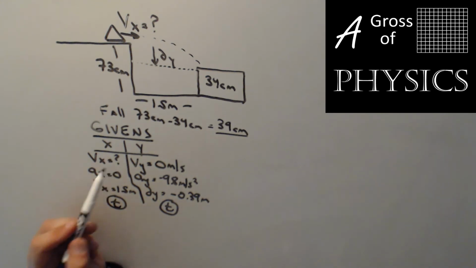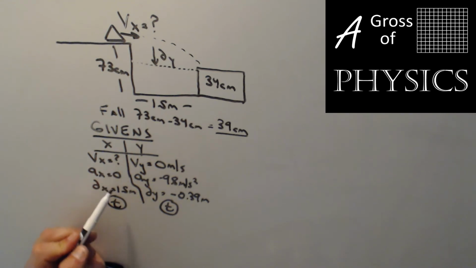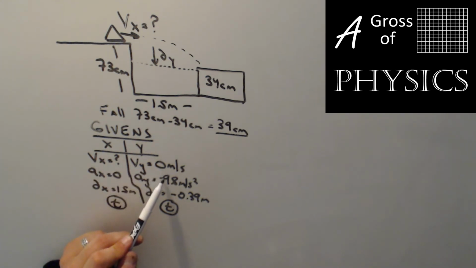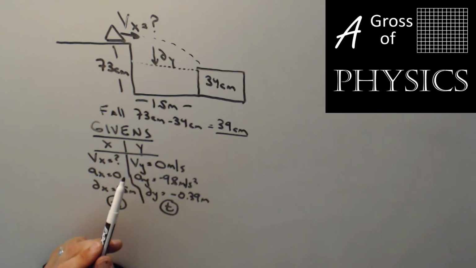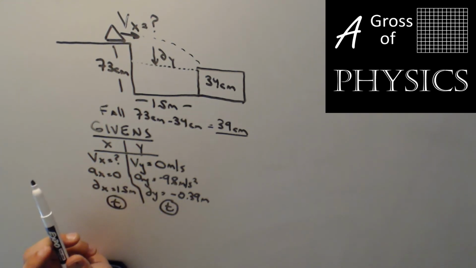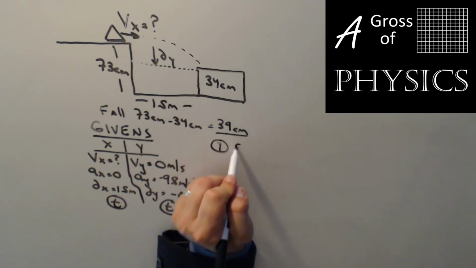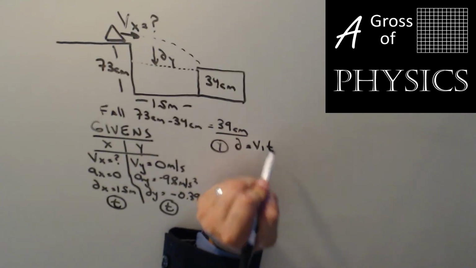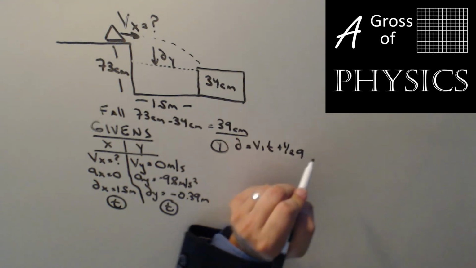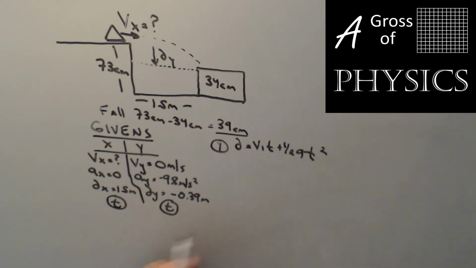Now, if I look, I only have a question mark here. I don't know that variable. So I have a and d for the x direction, 0, negative 9.8, and 0.39 in the y. So I think I know more information about the y direction, so I'm going to start there. I'm going to say d equals v_i t plus 1/2 a t squared.